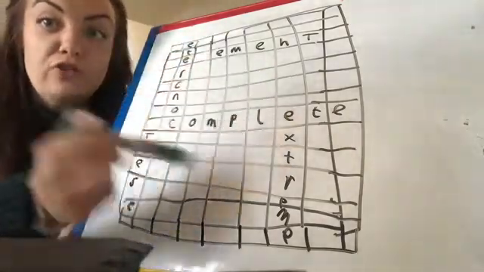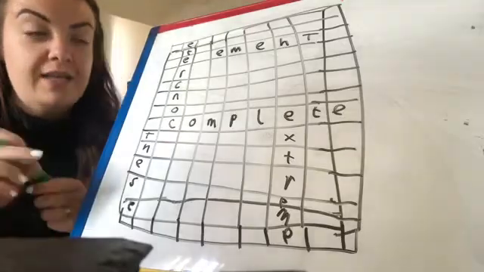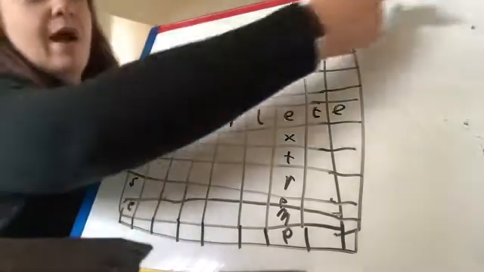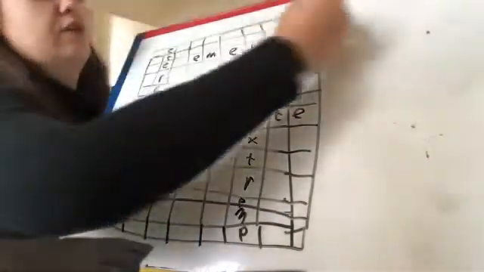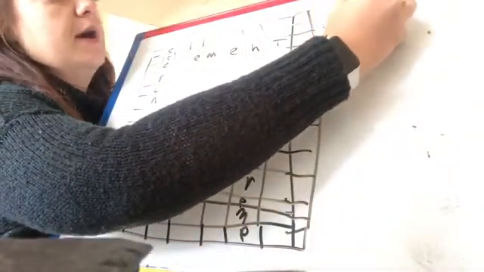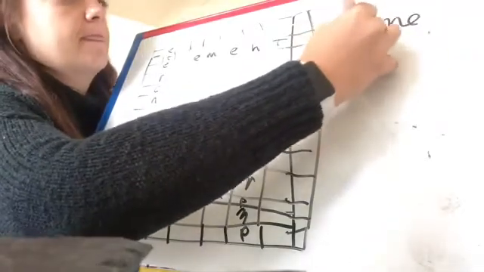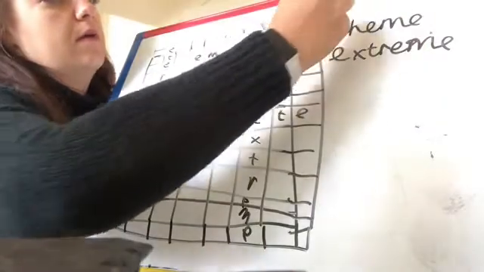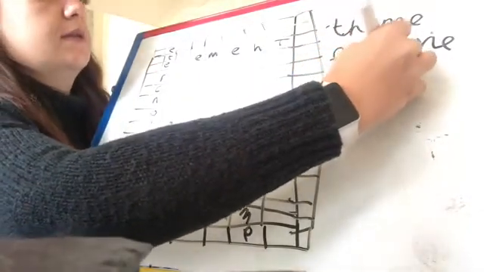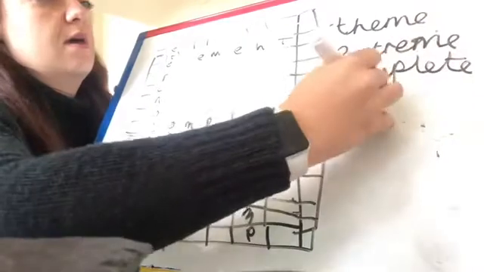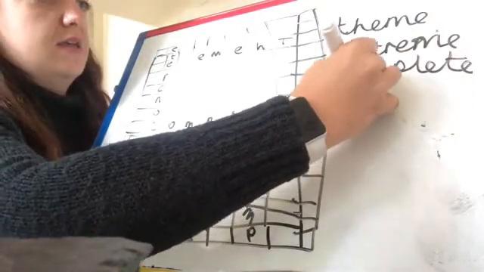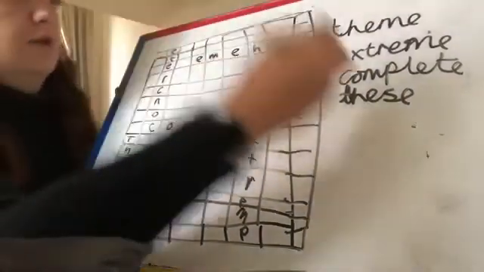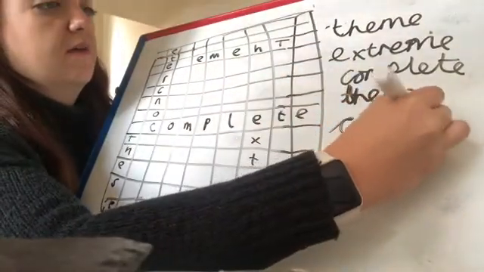So once you've plotted your words that you want people to find, before you forget them, write them down the side so that people know what words are in your word search to find. So I know that theme is on there, extreme is in there, complete is in there, these is in there, and concrete is in there.